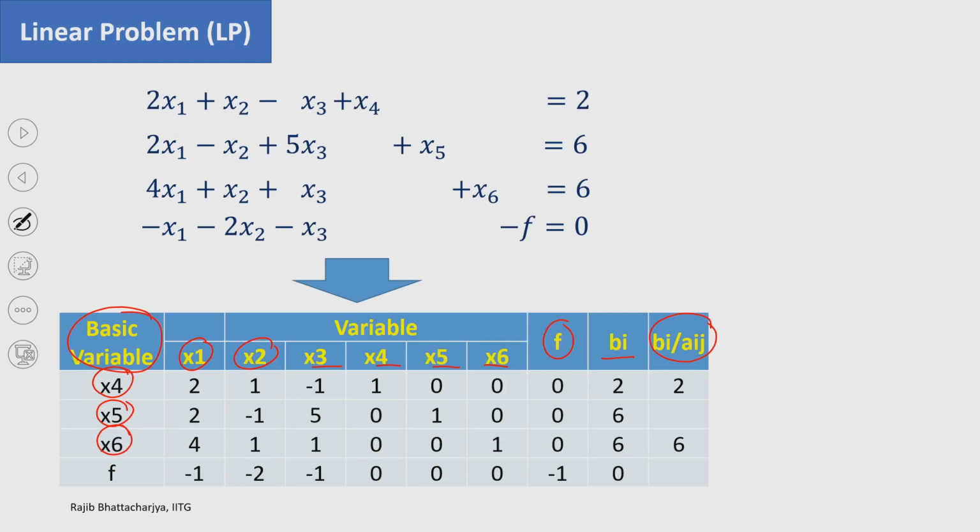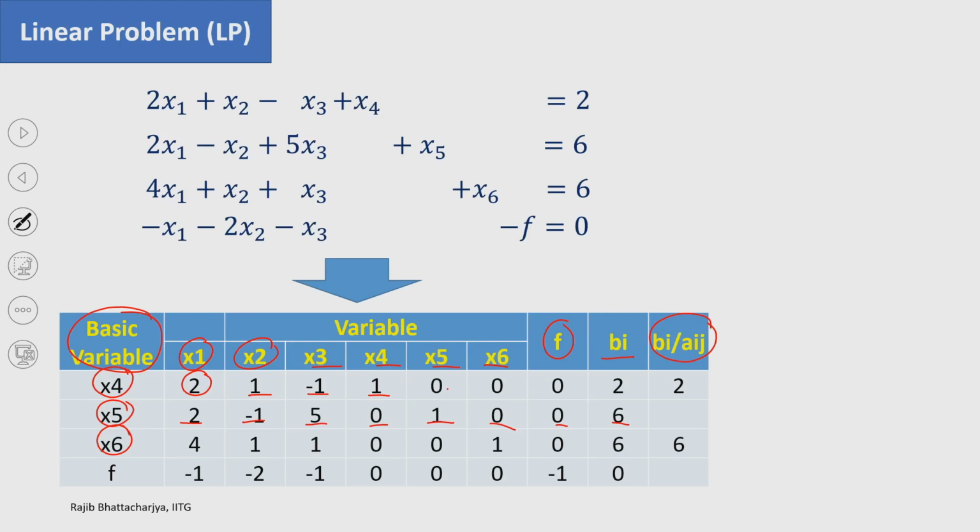What we are doing here is writing the coefficient of x 1 in the first equation, that is 2. Here it is 1, this is minus 1 and this is 1, then 0 0 0. Similarly, equation 2: this is 2, then minus 1, then 5, then 0, then 1 0 0, and the right hand side is 6.